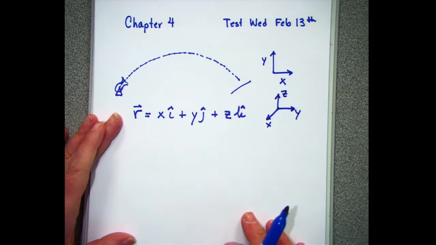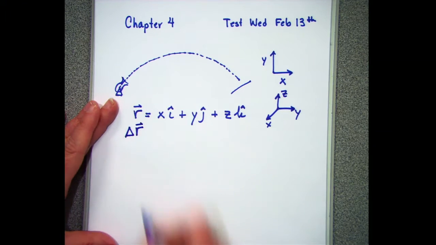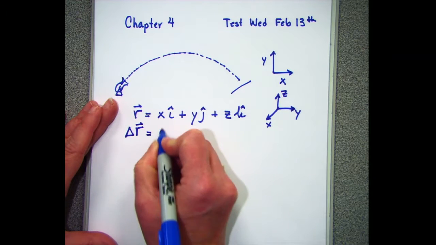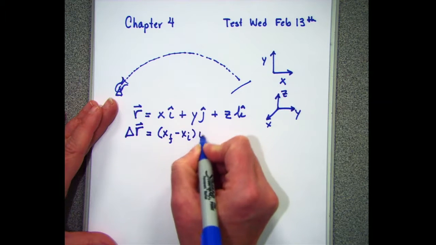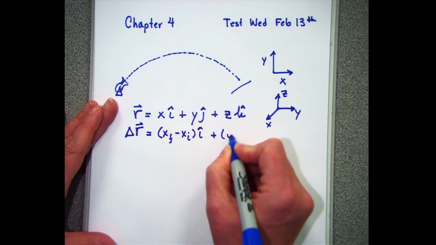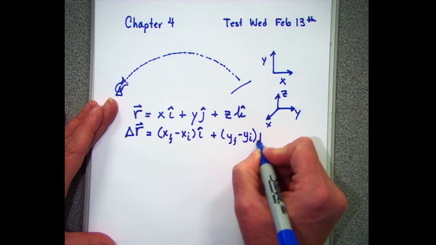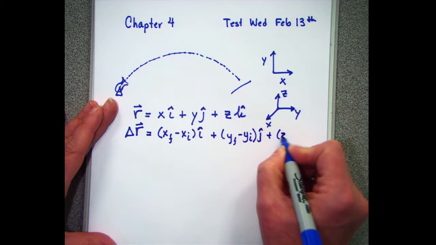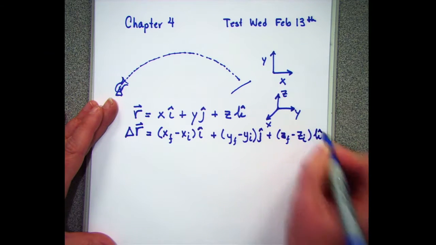So we can look at our position vector. And then I can do my change in position vector, which is my displacement. And we know that this is going to be x final minus x initial times the i direction, plus y final minus y initial in the j direction, plus z final minus z initial in the k direction.